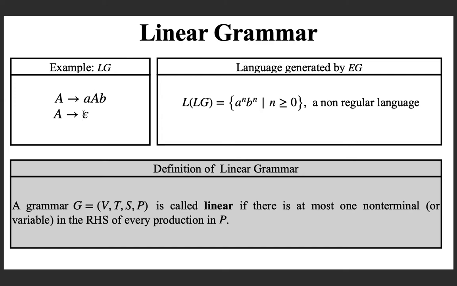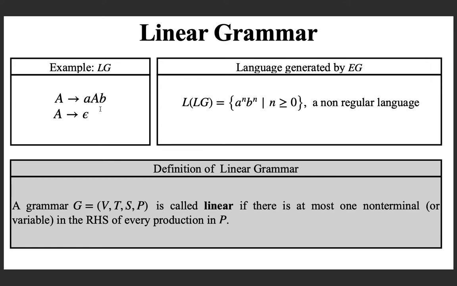If every rule or production satisfies this requirement that in the RHS at most one variable, then the grammar is called a linear grammar.